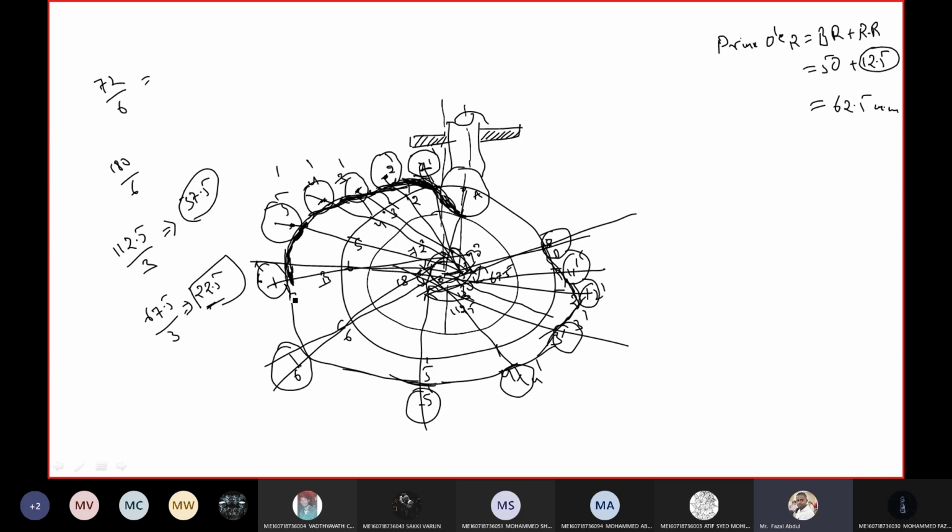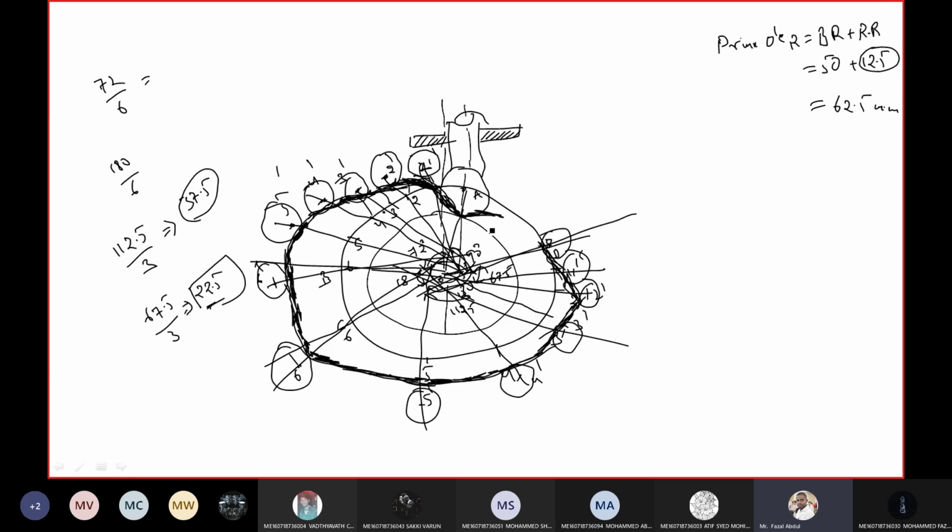Why I'm darkening here: the answer should be dark. Only the answer appearing on the paper should be dark, remaining lines should be thin lines. Remember this one. If you practice well, you can easily overcome this. What is this one?